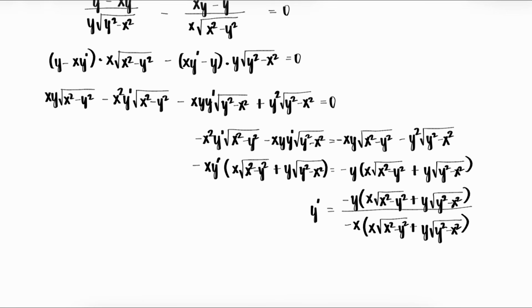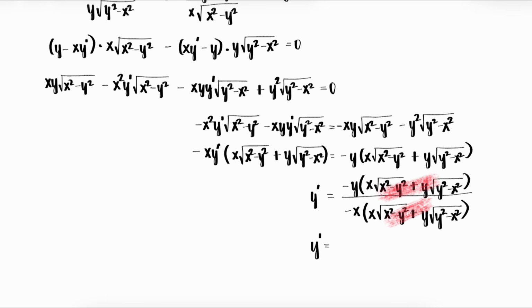And as you can see, we can just cancel this. Both numerator and denominator are negative. And so, therefore, y prime is just equal to y over x.